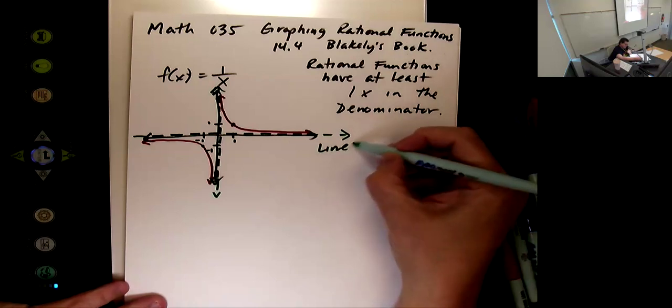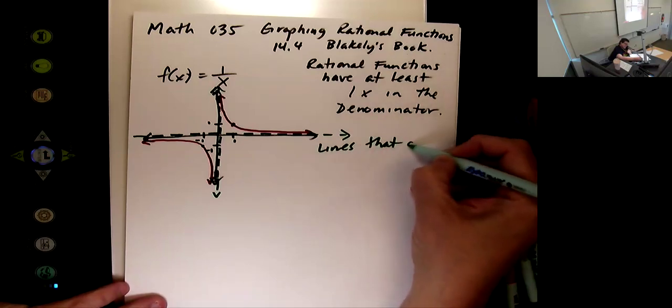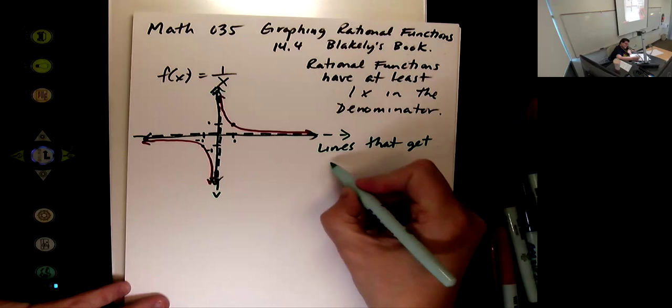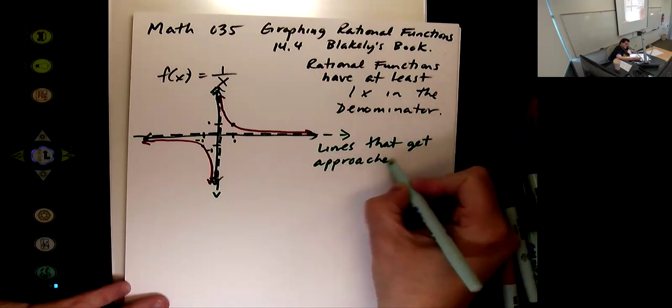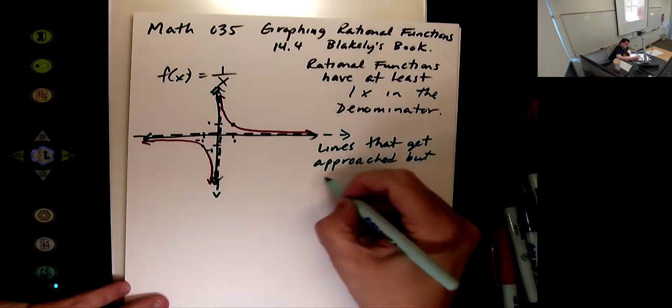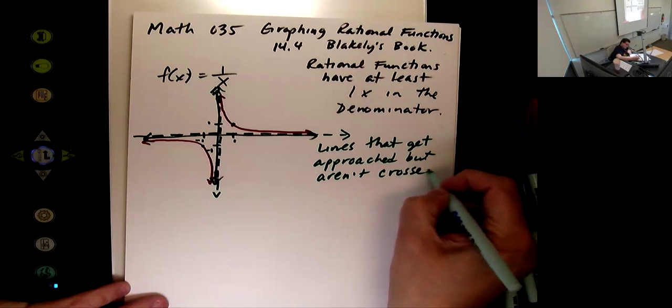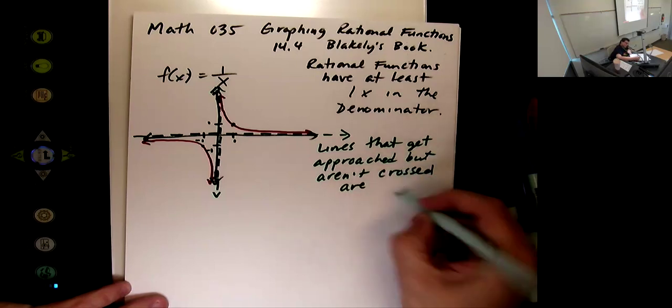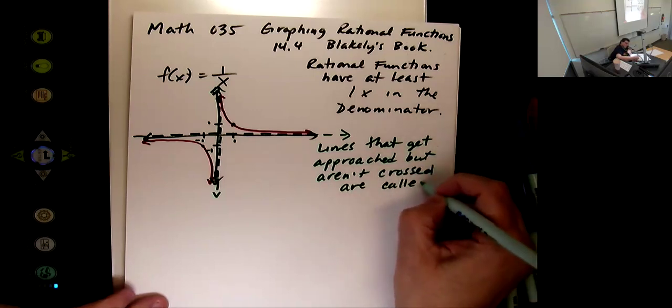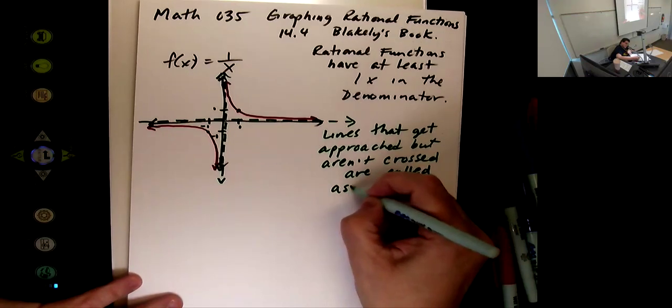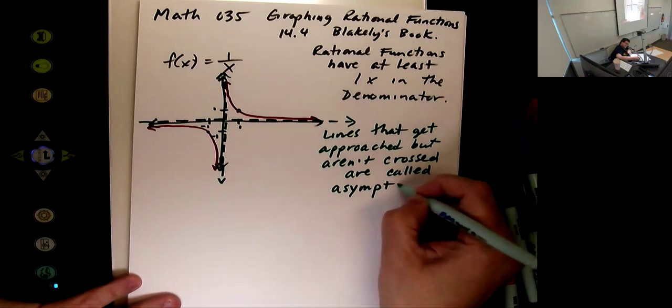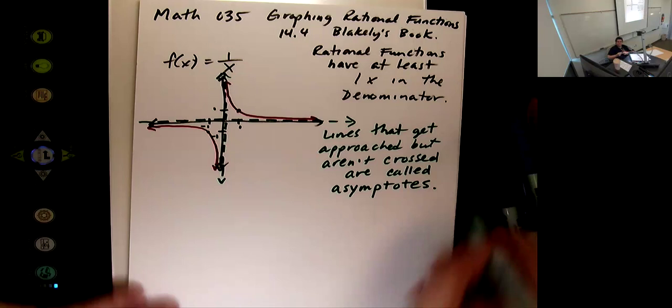Lines that get approached but aren't crossed are called asymptotes. It's a great word. Asymptotes.